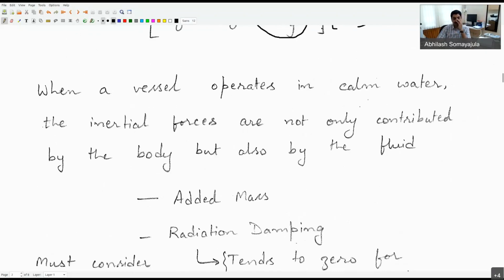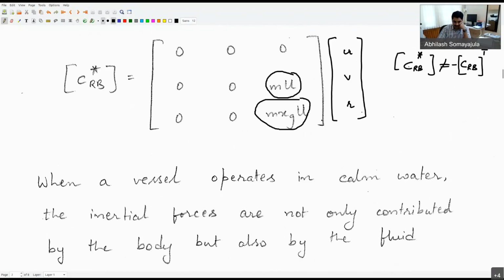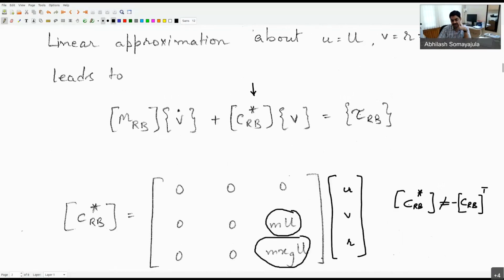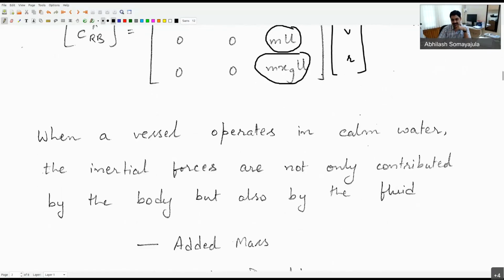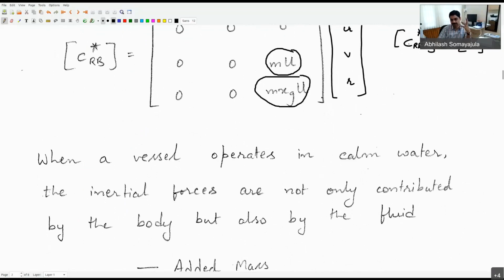Okay. Now, when the vessel operates in calm water, so far we have only looked at the rigid body dynamics. So let's try to understand the concepts which we need to capture when we are dealing with the maneuvering modes.